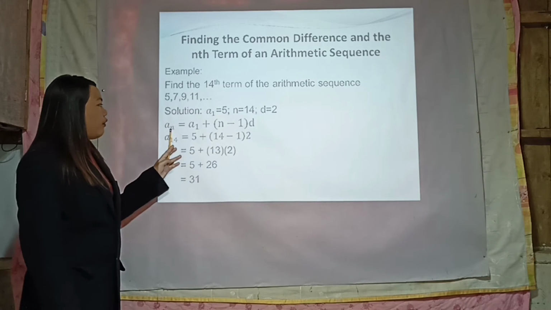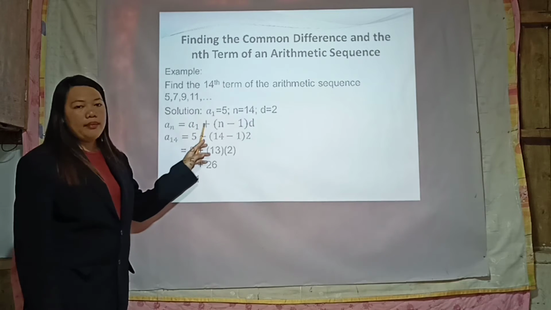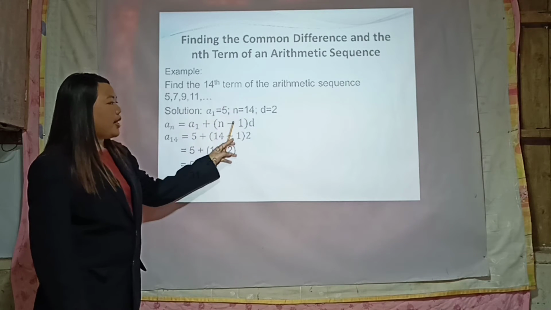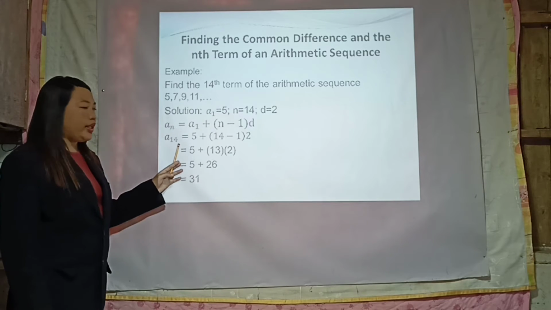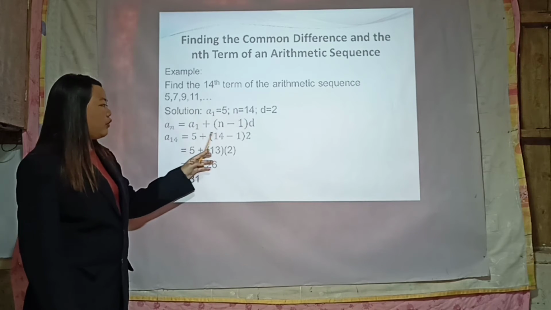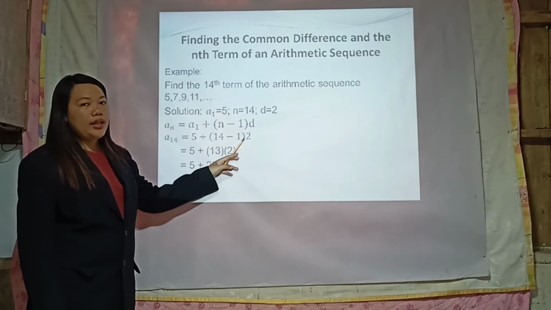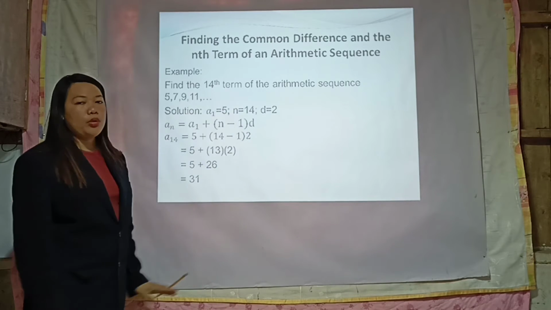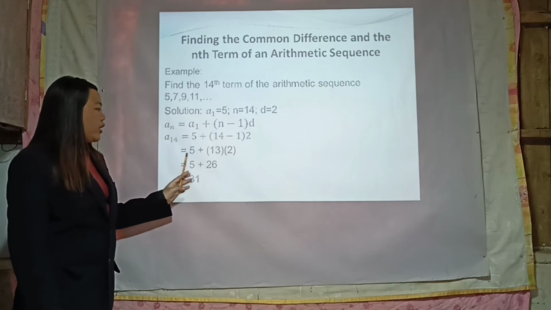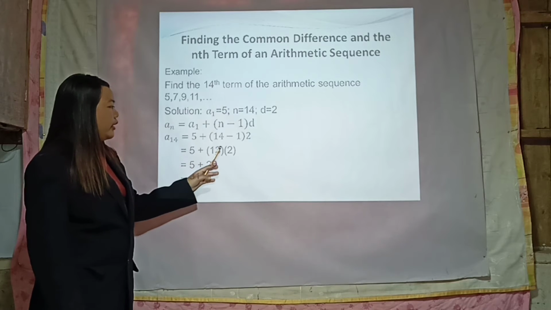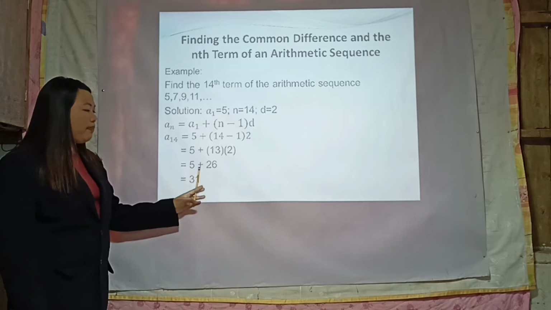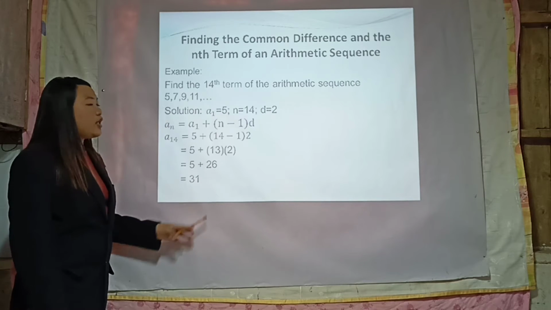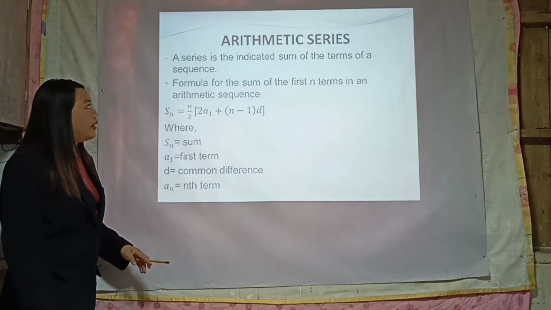The formula is a sub n equal to a sub 1 plus n minus 1 times the common difference. So a sub 14 is equal to 5 plus 14 minus 1 times 2, which is the common difference. So that is 5 plus 13 times 2, which is 26. So 5 plus 26 is equal to 31.